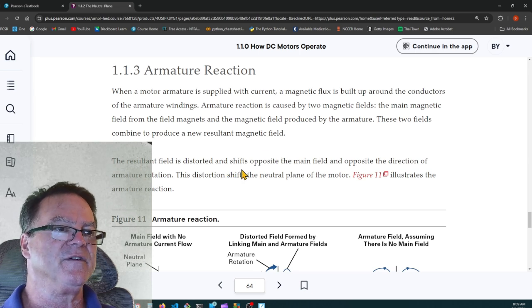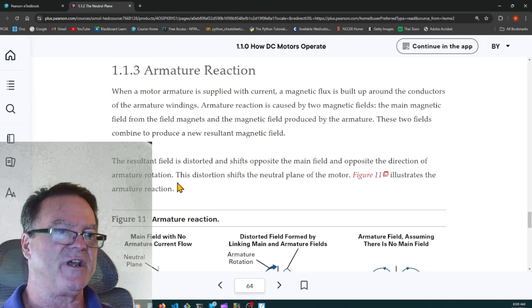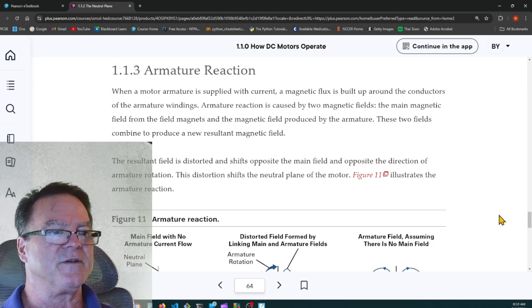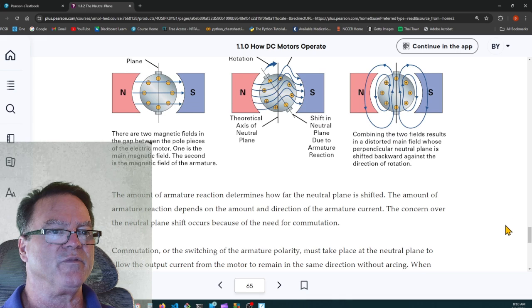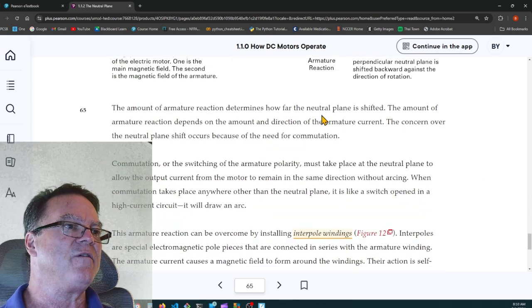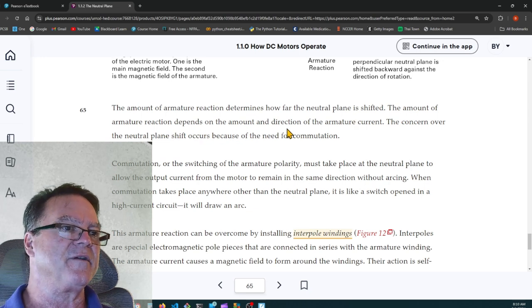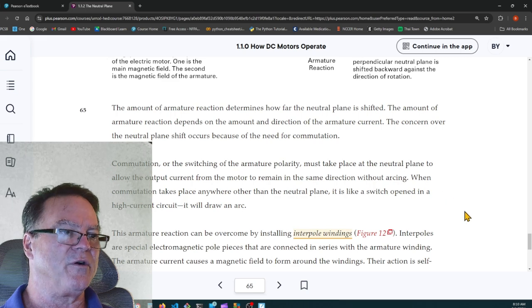The resultant field is distorted and shifts opposite the main field and opposite the direction of armature rotation. This distortion shifts the neutral plane of the motor. The amount of armature reaction determines how far the neutral plane is shifted. The amount of armature reaction depends on the amount and the direction of the armature current.